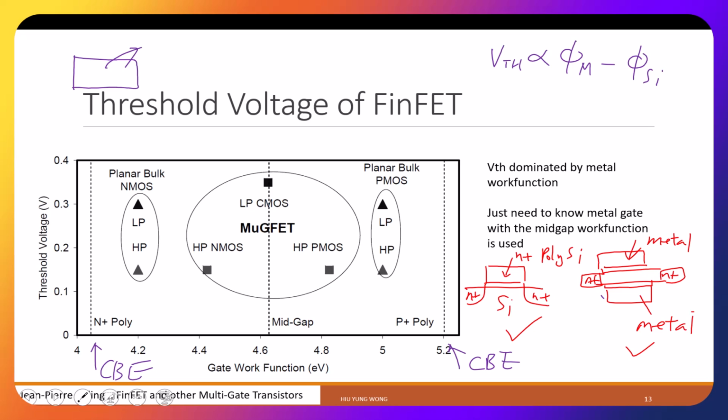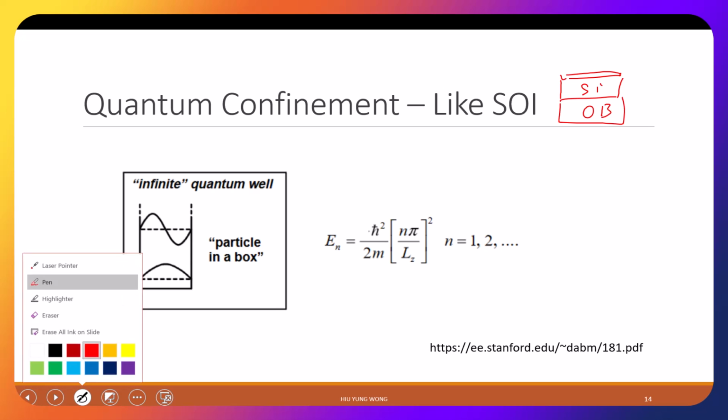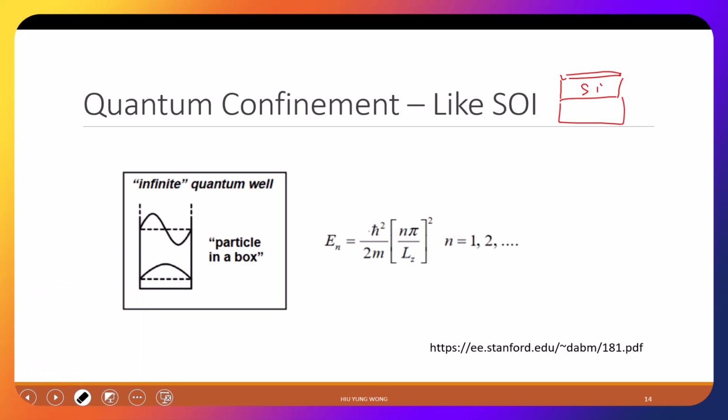Okay, so confinement is like SOI. I don't want to talk about it, because you just have two gates, right? Last time, SOI: what's the difference between SOI and this guy? This is silicon, and then you have the box, right? So this is SOI.